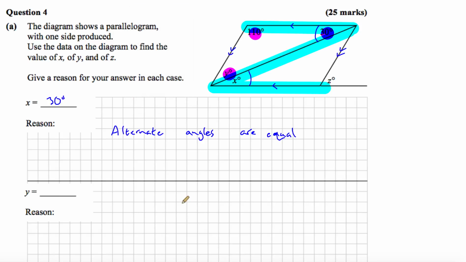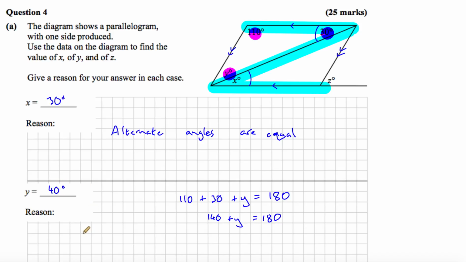So we have the angle 110 plus the angle 30 here, plus the angle y. We know that they add up to 180 degrees, three angles in a triangle. So we can find the missing angle here. Well, 110 and 30, that's 140. Plus the angle y is equal to 180. So the angle y must be 40 degrees.